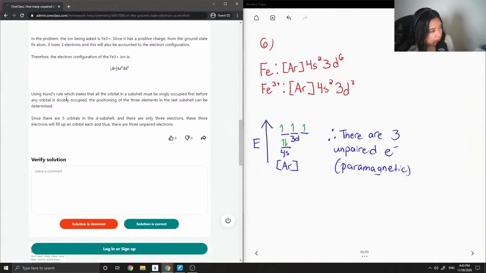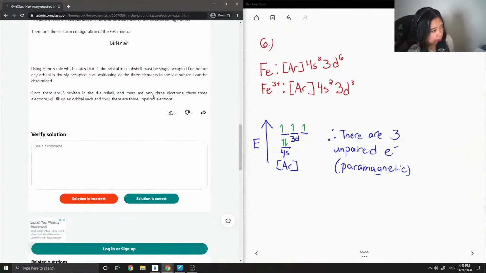Using Hund's rule, which states that all the orbitals in a subshell must be singly occupied first before any orbital is doubly occupied, the positioning of the 3 electrons in the last subshell can be determined. Since there are 5 orbitals in the d subshell, and only 3 electrons, these 3 electrons will fill up an orbital each, and thus there are 3 unpaired electrons.